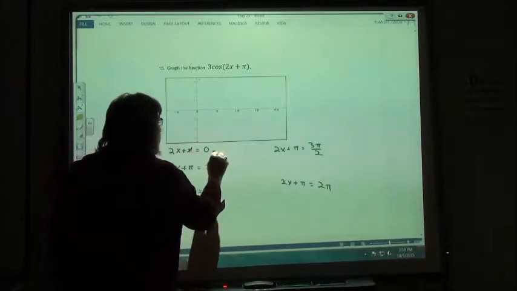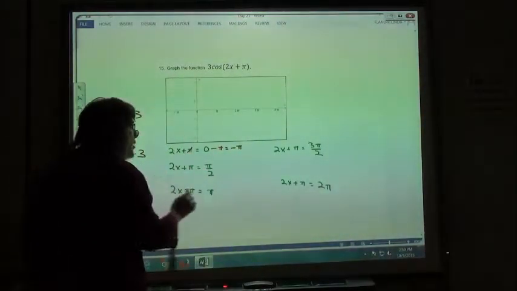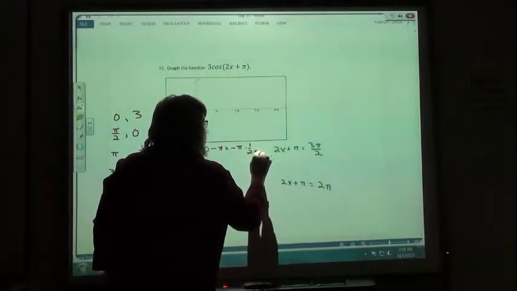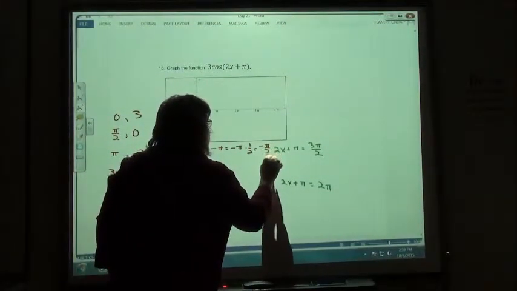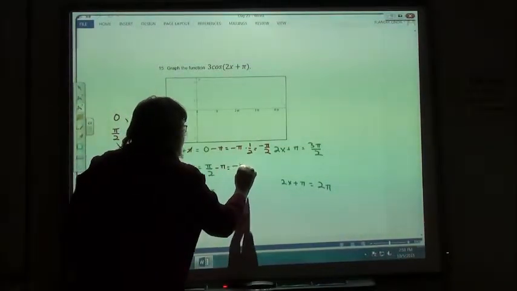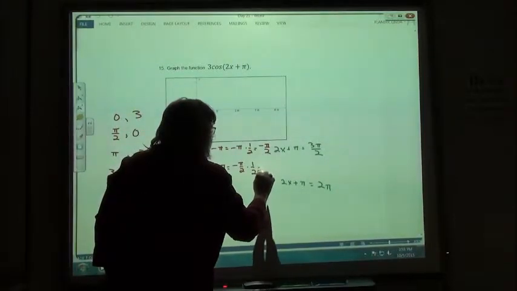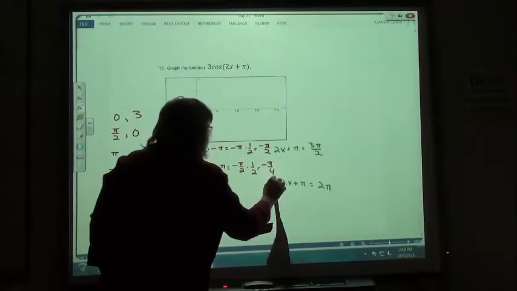So we're going to subtract pi, which gives me negative pi, divide by 2, which is multiplying by 1/2, so negative pi over 2. Here we're going to subtract pi, which is negative pi over 2, multiply by 1/2, so negative pi over 4.